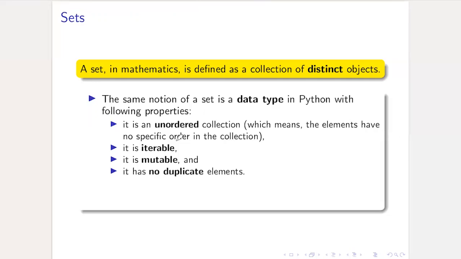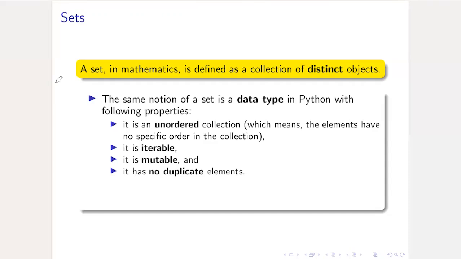Of course, when you write a program and do this, you will see sometimes it doesn't come out in that kind of random order because of the way we store values. However, conceptually it is unordered, so you should not expect the same order when you access values in a set.